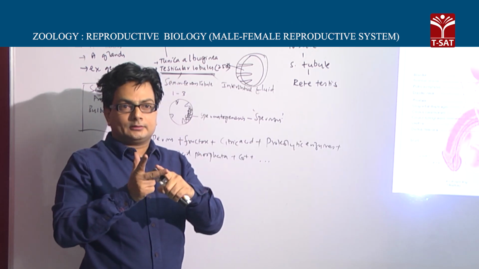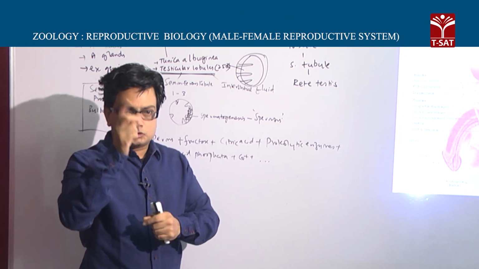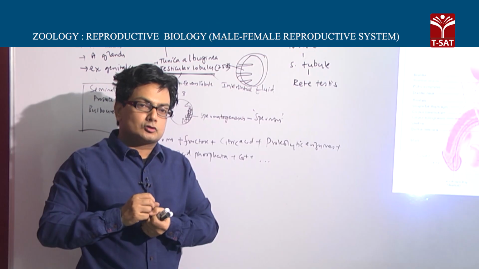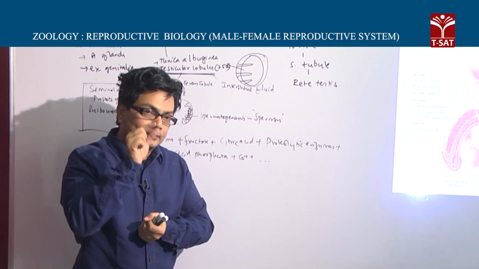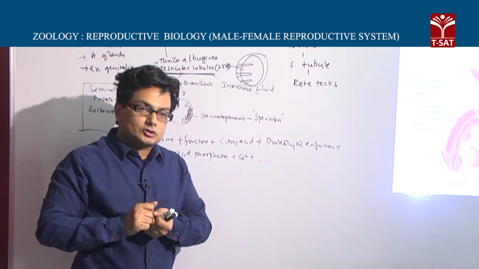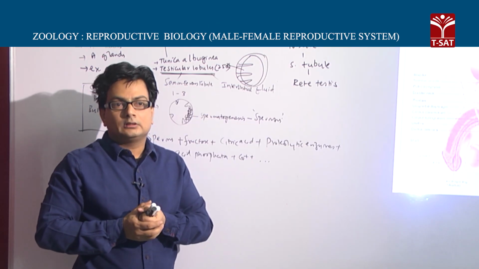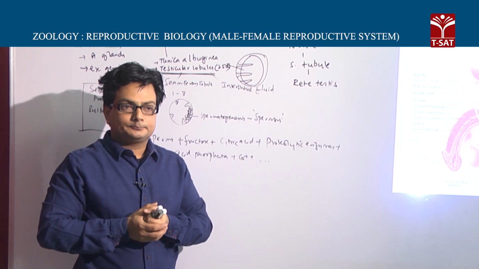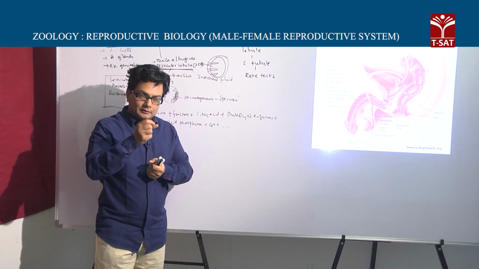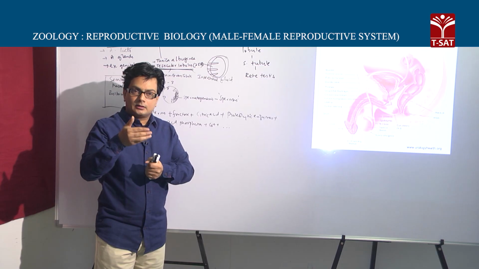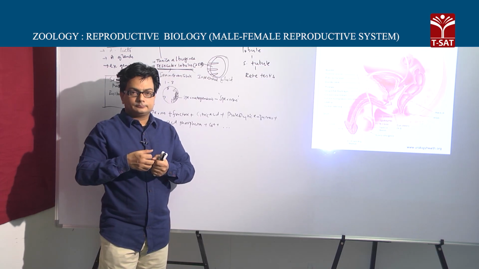In between the seminiferous tubules, you will find the endocrine cells, the interstitial cells, which produce the male sex hormone called the androgen.